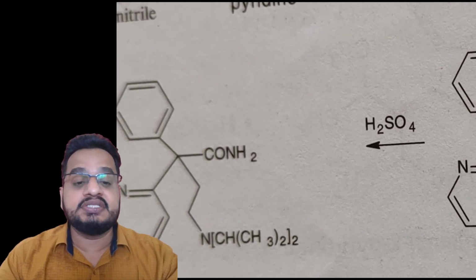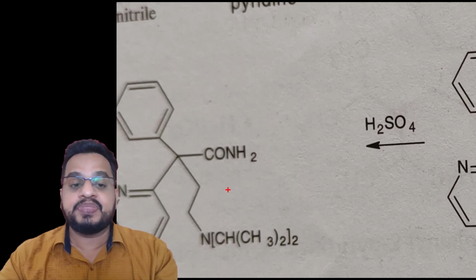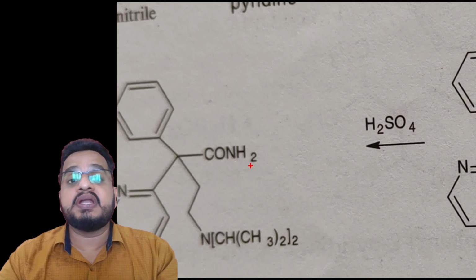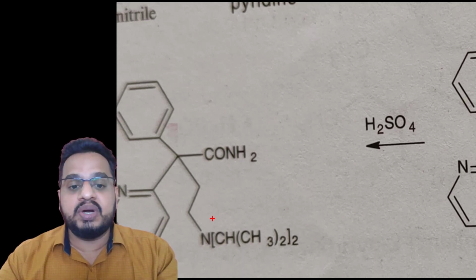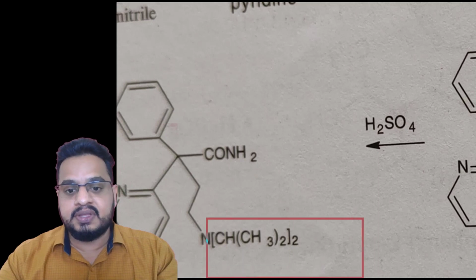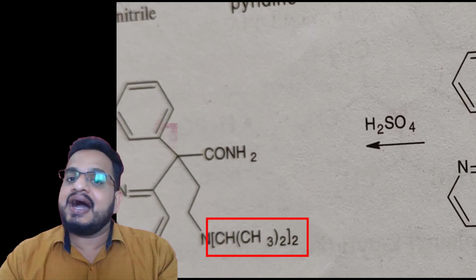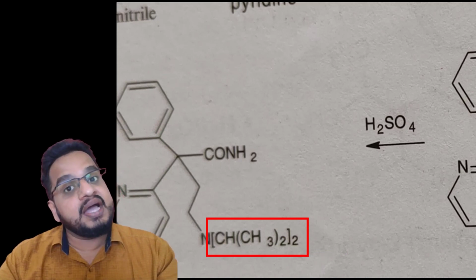Check this. This is your final structure, isn't it? In this final structure, what is the compound name? Diisopyramide. Got it? Diiso. What is the diiso? This one, this is the isopropyl. Iso comes from isopropyl.